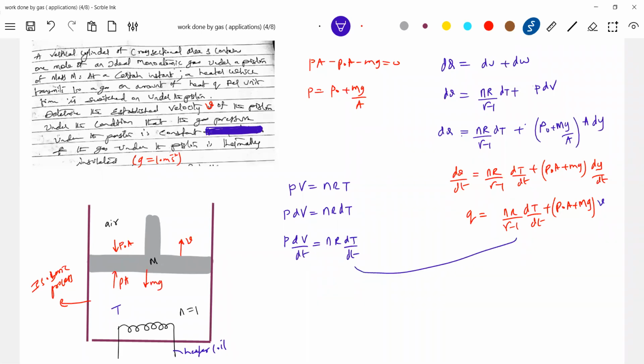Substitute this here. So this will become Q equal to nR by gamma minus 1 into P by nR into dV by dt, with P naught A. nR gets cancelled, so Q is equal to P by gamma minus 1 times dV by dt, where dV you can write as A dy by dt.